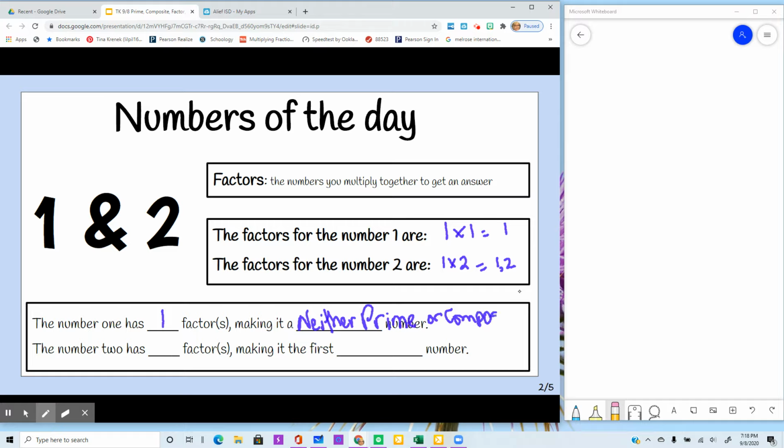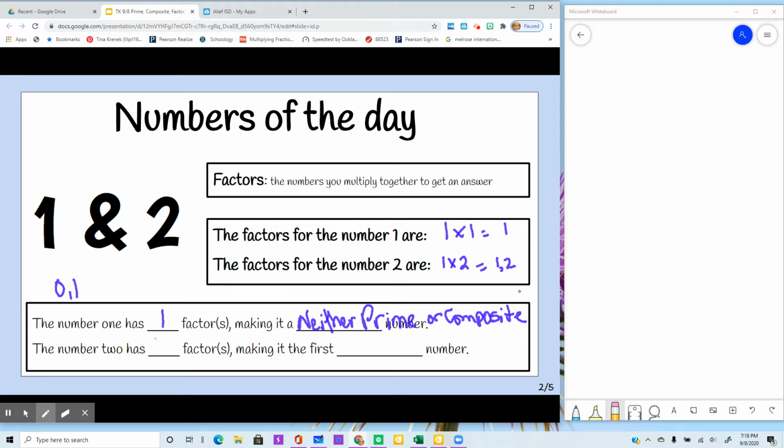One does not fit the definition of 2 or more factors. So that's why it's neither prime or composite. And actually, 0 and 1 are neither prime or composite.